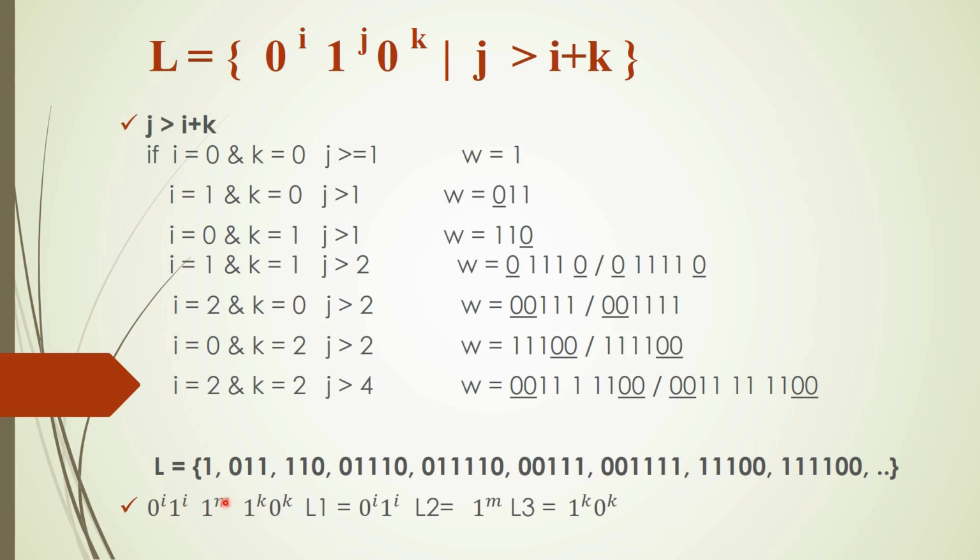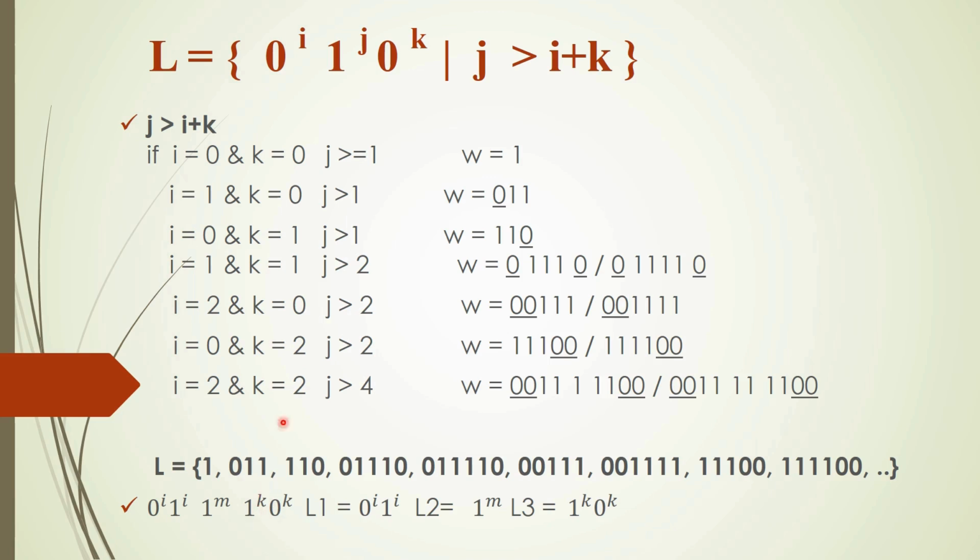Okay, so now why this m over here? When the 0 value is incremented for i, at the same time your 1 will be incremented as it has to be incremented. Okay. Now similarly when your k is incremented, at the same time your 1 value also appears over here.